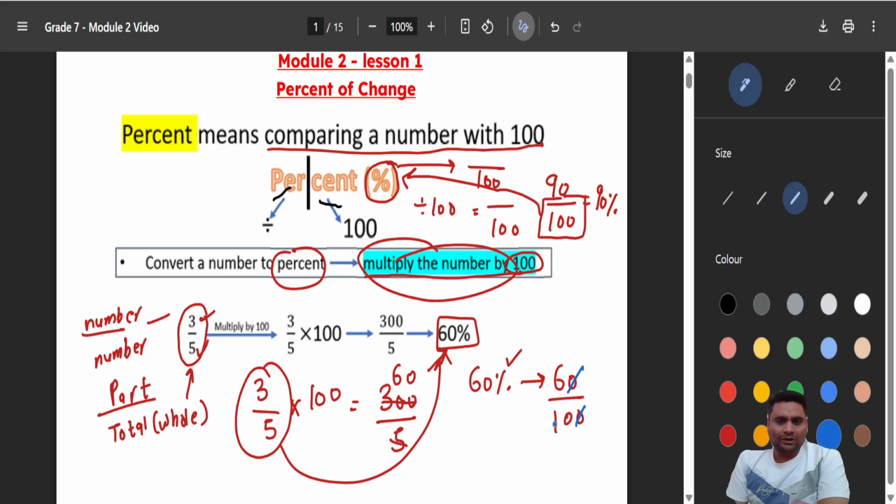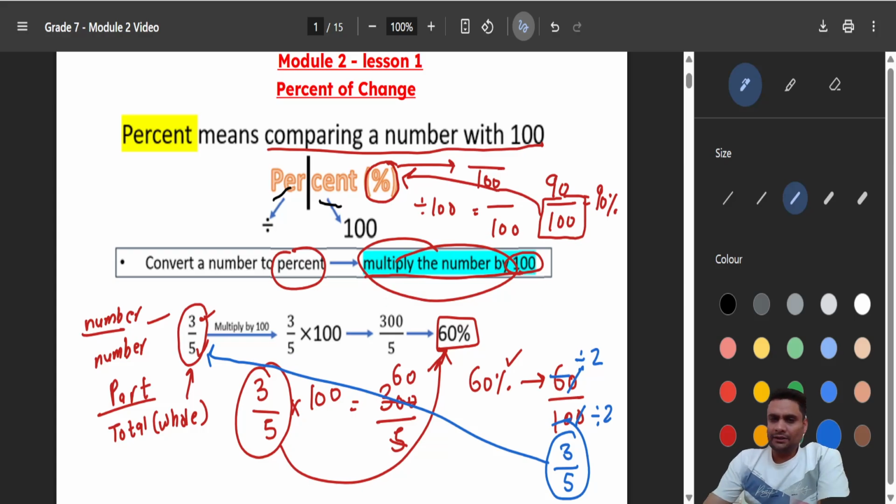Now 6 over 10. Can I divide the 6 and 10 by 2? Because both of them come in the table of 2, correct? 6 divided by 2 is 3, 10 divided by 2 is 5. So I got the fraction 3 over 5 again. What did we learn here?